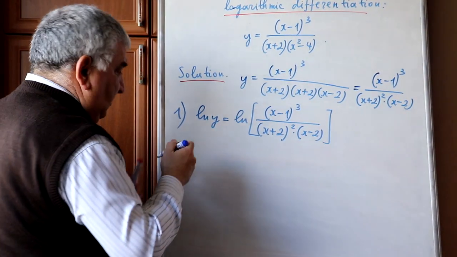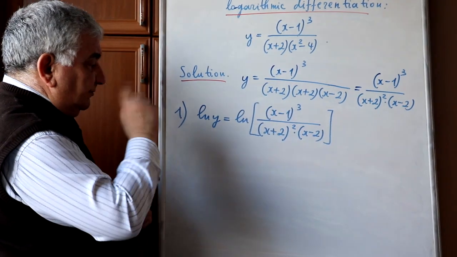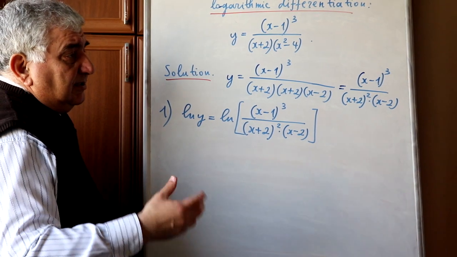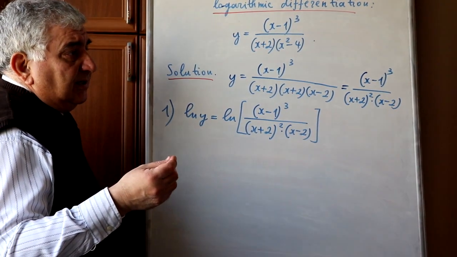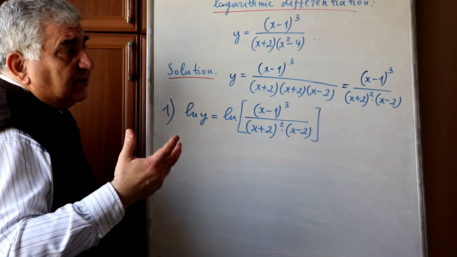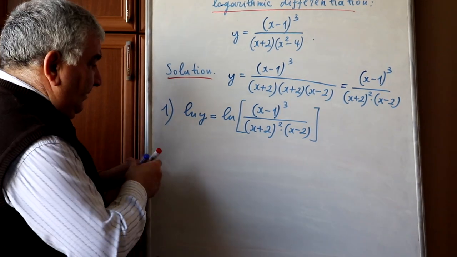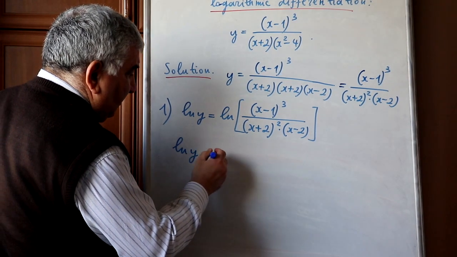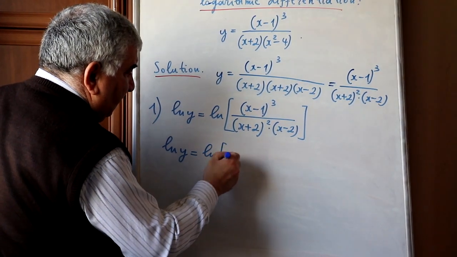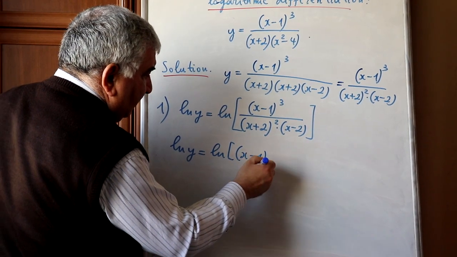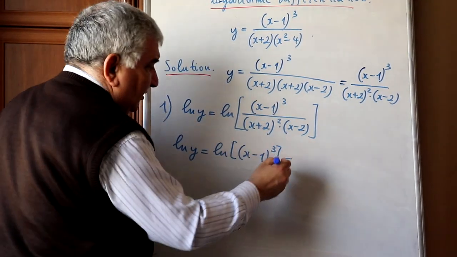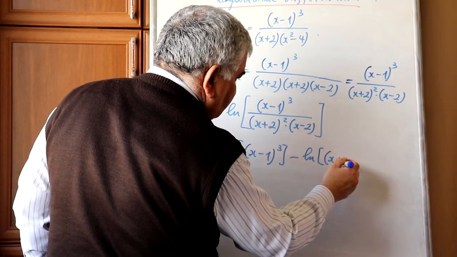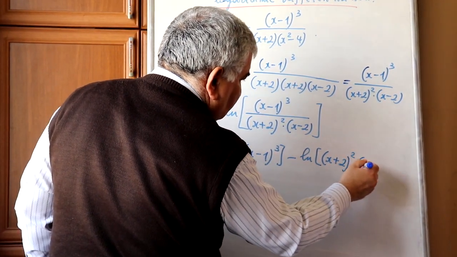We have the logarithm of a ratio, and you know that the logarithm of a ratio is equal to the difference of the corresponding logarithms. Therefore, we will have natural logarithm of y equals natural logarithm of x minus 1 cubed minus natural logarithm of x plus 2 squared multiplied by x minus 2.